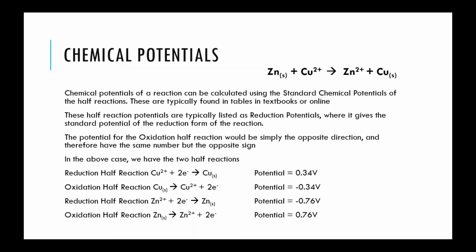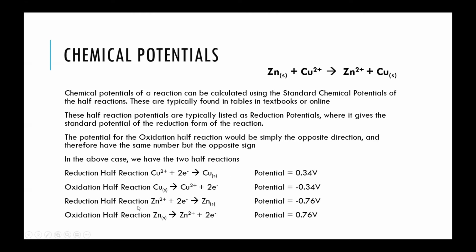Typically, the standard potentials are written in tables in textbooks or online as reduction potentials. So in our case right here with the zinc and the copper, the reduction reaction of copper would be copper 2 plus gaining 2 electrons to form copper metal, and that has a potential of 0.34 volts.